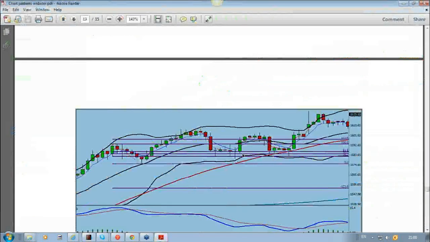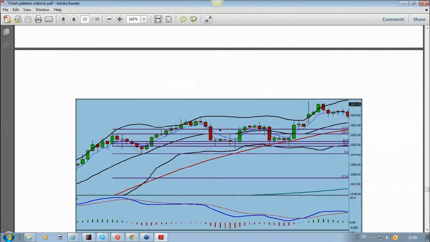I go back for examples. That's the same example. See, I count the shoulder for Fibonacci 123.6. It must stop here. It never did. And this head and shoulders at the end was fake.